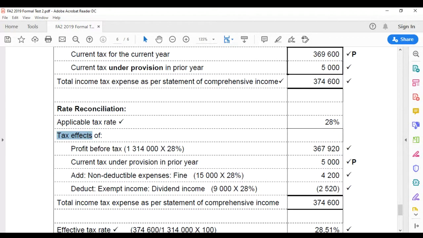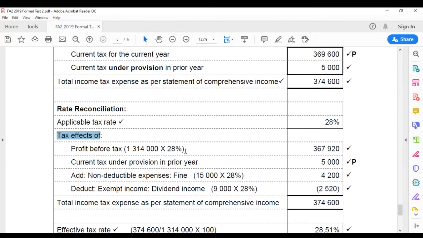Then we give it a little subheading, the tax effects of, and then we are going to repeat our tax calculation. So with which amount, or let's say description, where did we start our tax calculation? We started our tax calculation with the accounting profit.